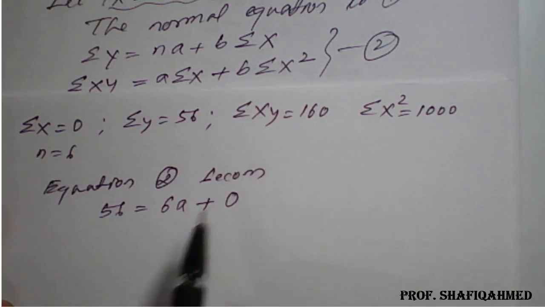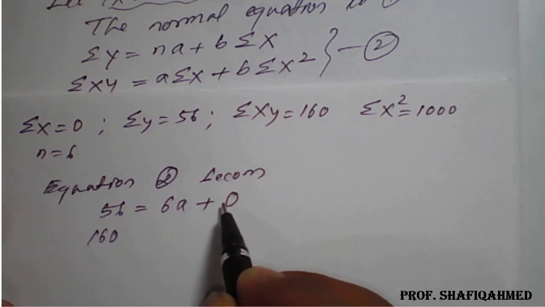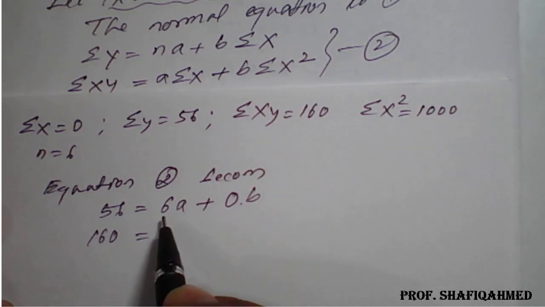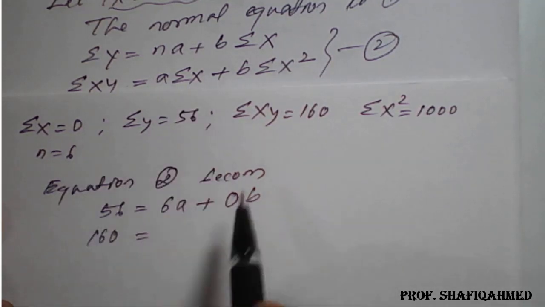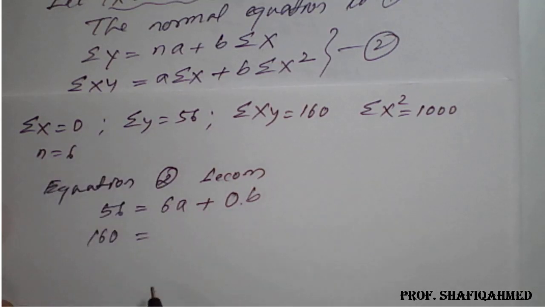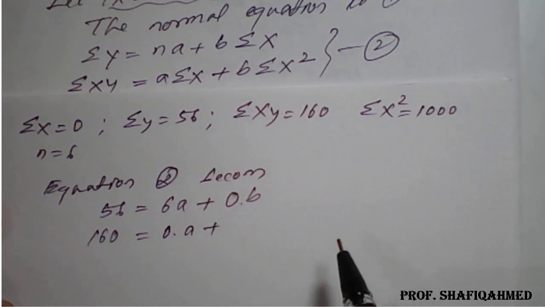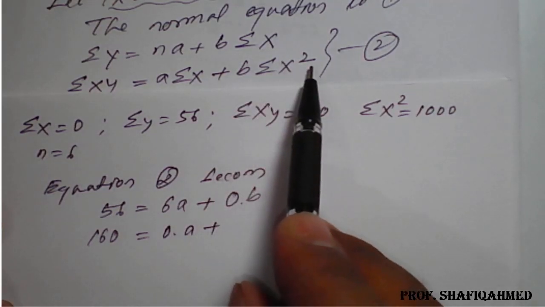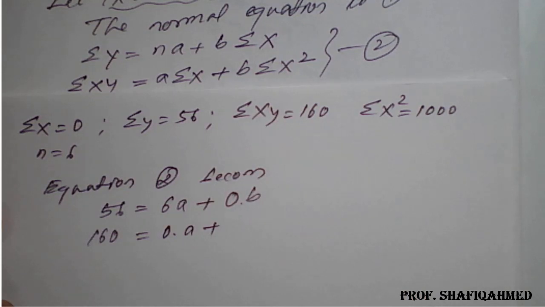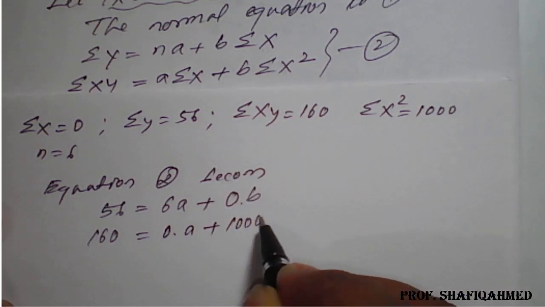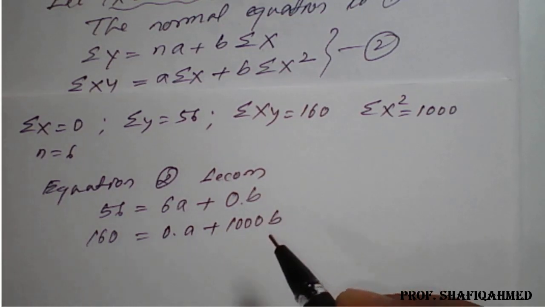Summation of xy is 160, so 0 into b I will write here as it is. So 160 equal to, next, a into summation of x. Summation of x is again 0, that is 0 into a, plus b into summation of x square, which is 1000. So 1000 into b.